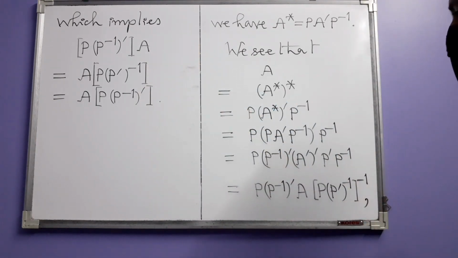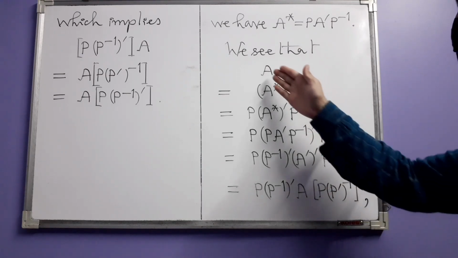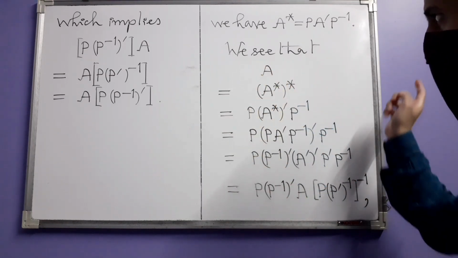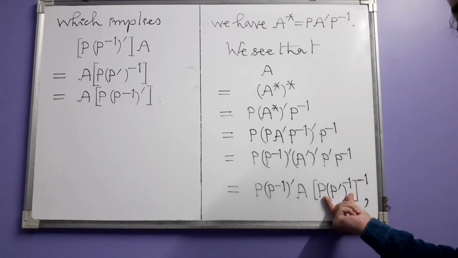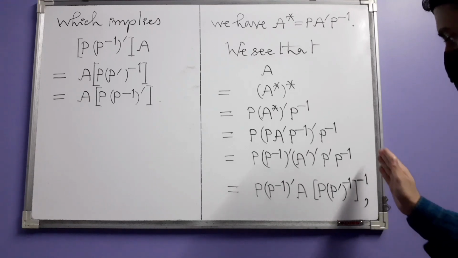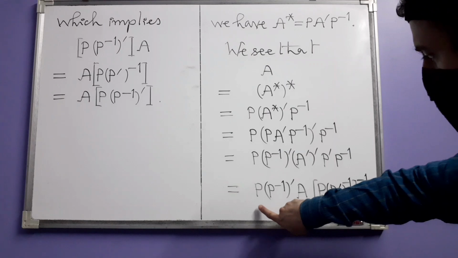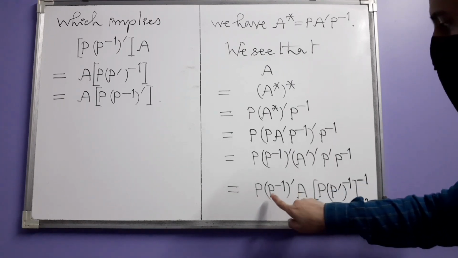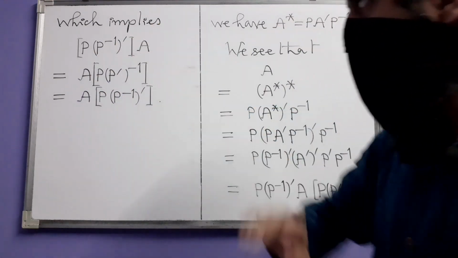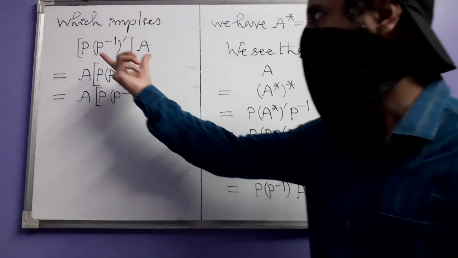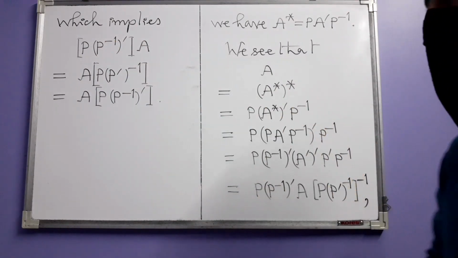What are we doing here? You see this inverse, we have multiplied both sides of this equation from the right side by this product, so that on this side the product and its inverse cancel each other, and we are left with this P times P inverse transpose A. We have deliberately kept this part separately within square brackets.